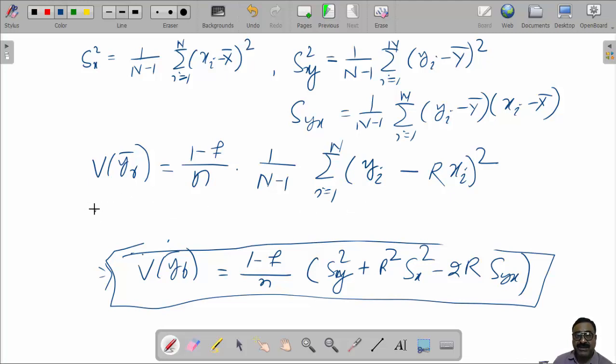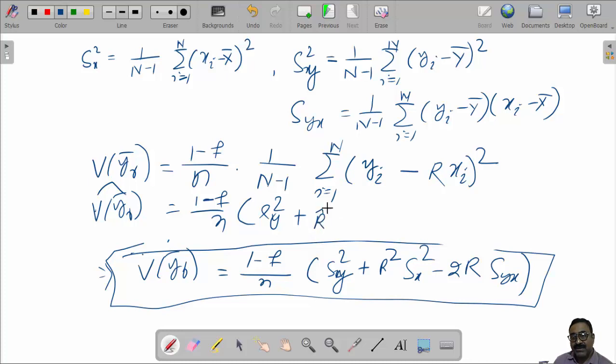Similarly, an unbiased estimate of the variance of y r bar can be obtained by 1 minus f by n into small sy square plus r cap square sx square minus 2 r cap syx, but this estimator is also a biased estimator.